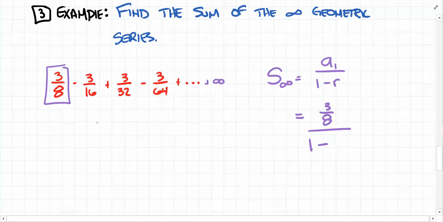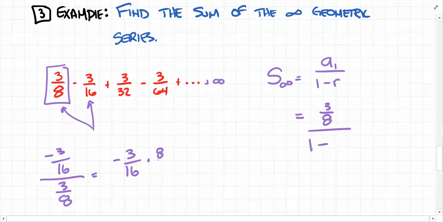So in order to get the ratio, I need to make sure I can take any term and divide it by the previous term. So -3/16 divided by 3/8 is going to be -3/16 multiplied by 8/3, because we flip and multiply. Notice that the 3's cancel, and 8/16 becomes 1/2. So the ratio is equal to -1/2.